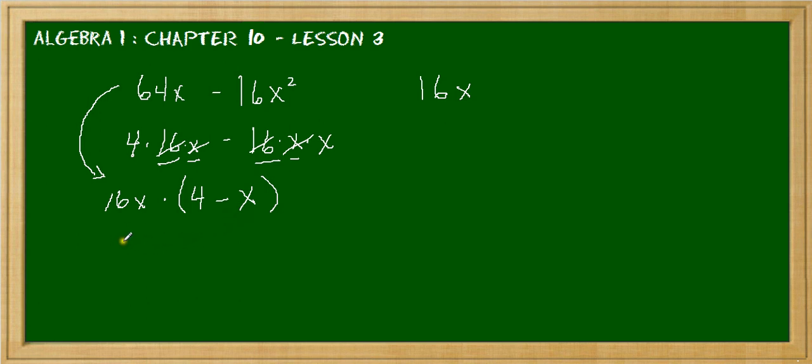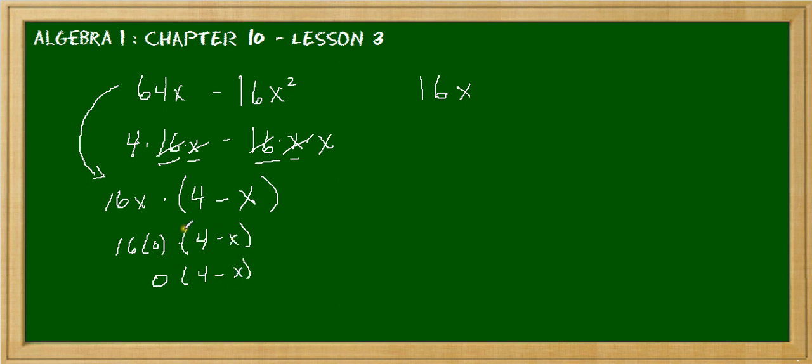So in the first case, if x is 0, if we had 16 times 0 times parentheses 4 minus x, what will we have? Well, 16 times 0 is equal to 0, and I multiply that times 4 minus x. It doesn't matter what's going on in here.